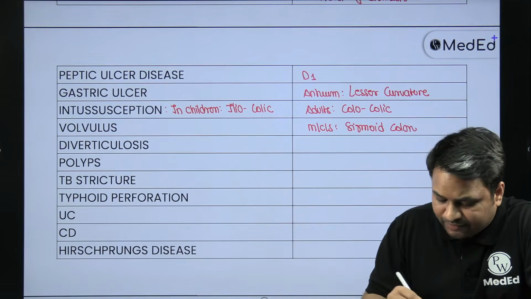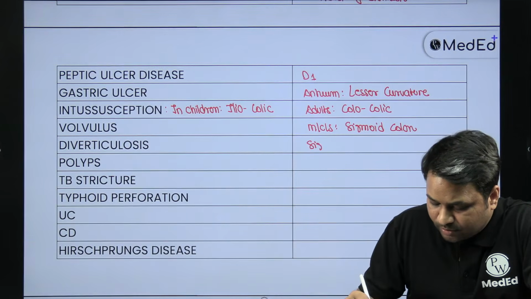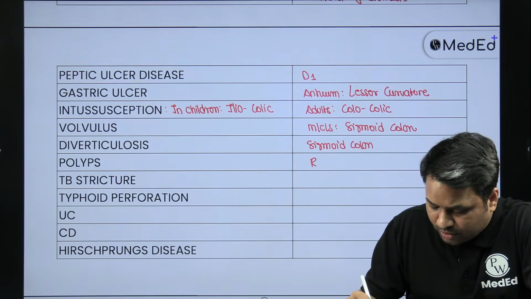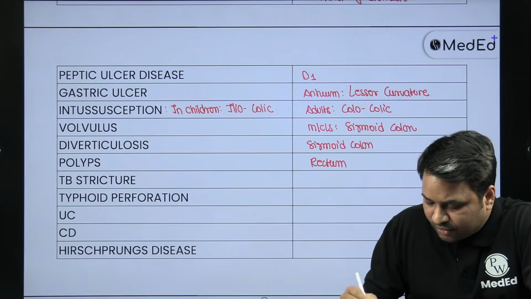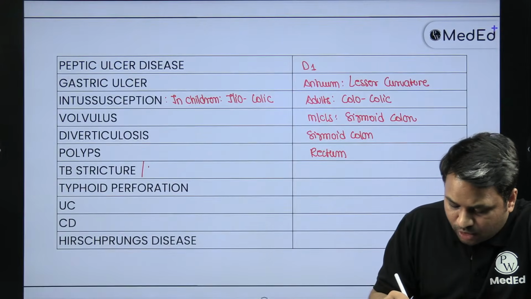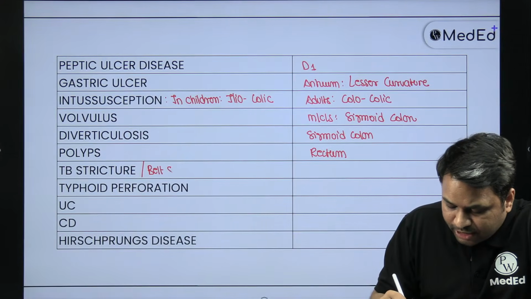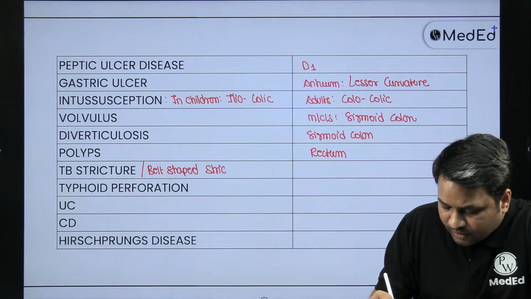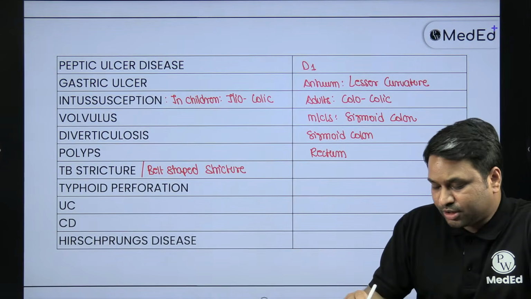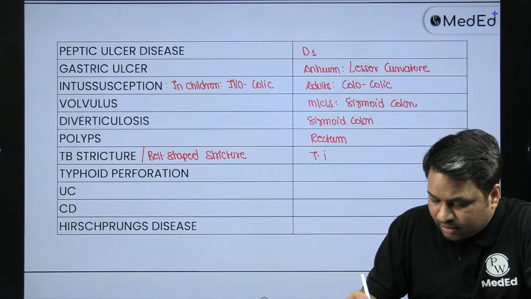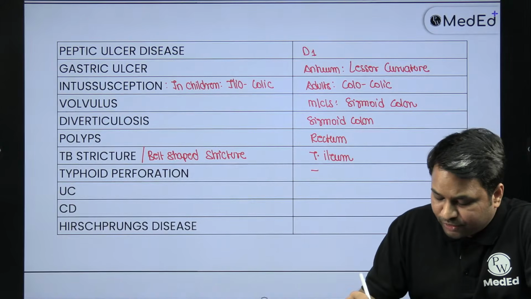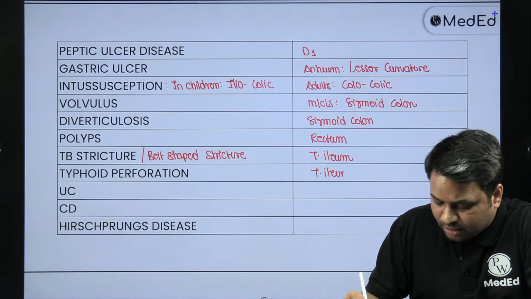The most common site for diverticulosis is also sigmoid colon. The most common site for polyps overall is going to be rectum. For TB stricture, which is also called the belt-shaped stricture, they are seen in the terminal ileum. For typhoid perforation, this is also most commonly seen in terminal ileum.